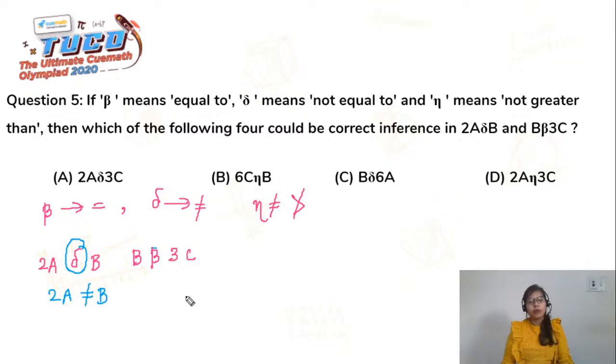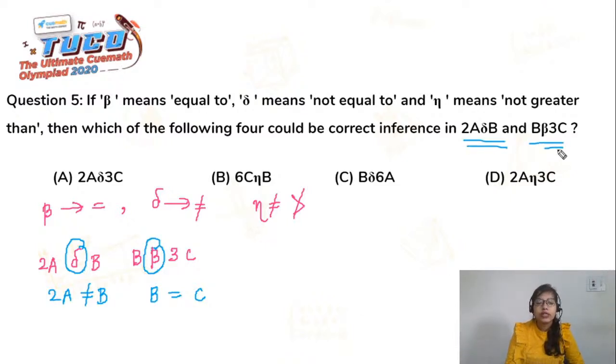So from here what you could see is you have a beta in between b and 3c, and according to beta, this has to be equal to. So I can say b is equal to 3c. Correct? So these are the two inferences which I have got from the conditions given to me. Based on this, we have to tell which of these are correct.